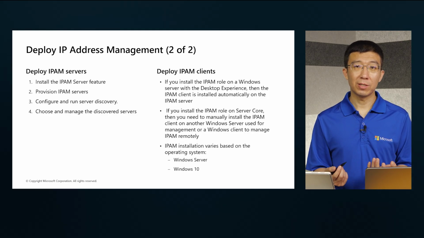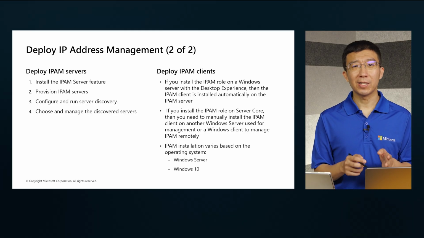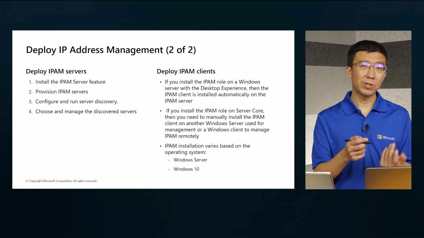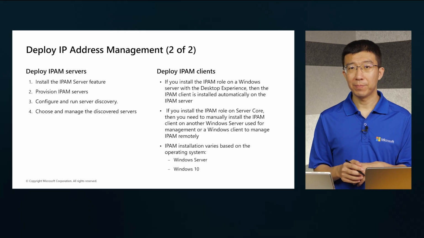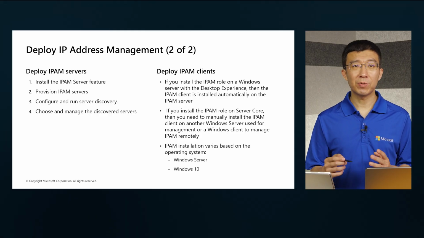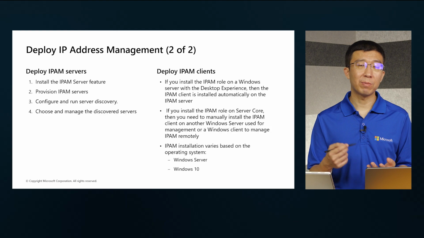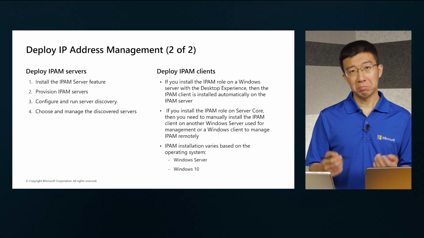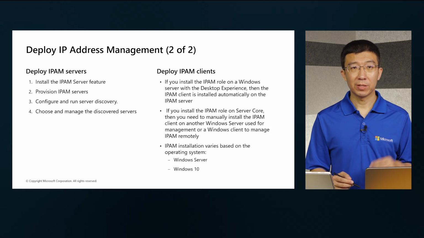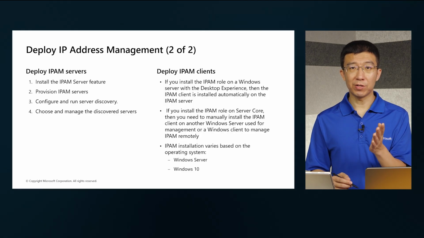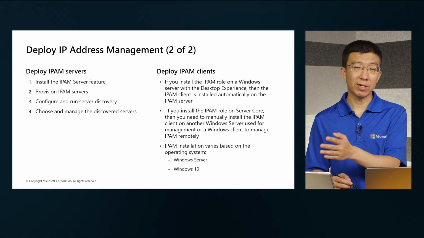On Server Core, you need to install the client on another server or Windows client for remote management. The installation process varies depending on the operating system, but the core steps are similar. Install the feature, provision the server, and configure discovery.